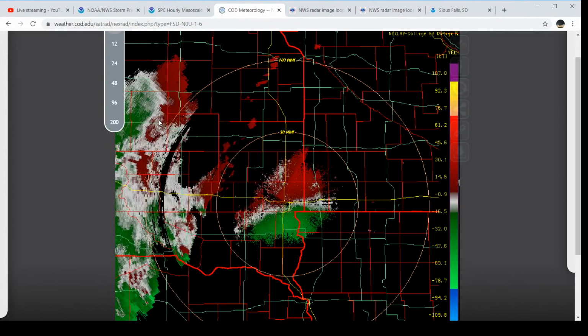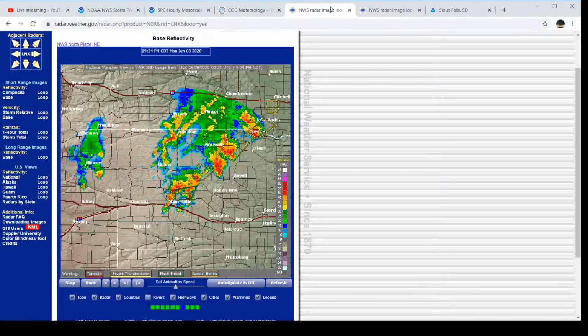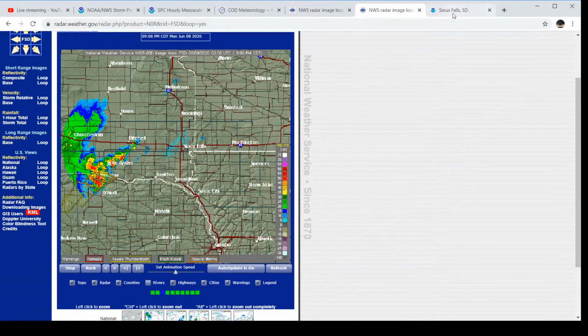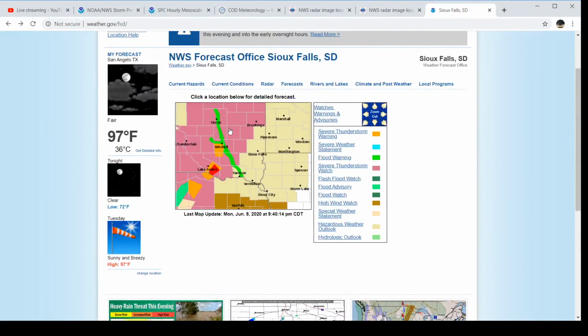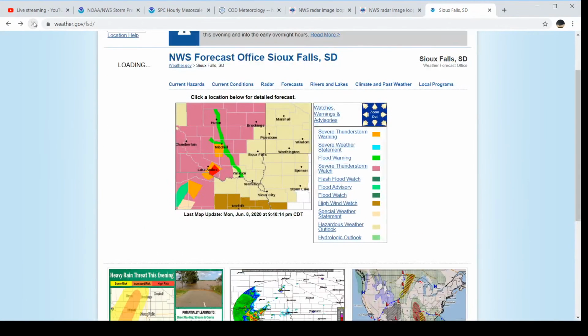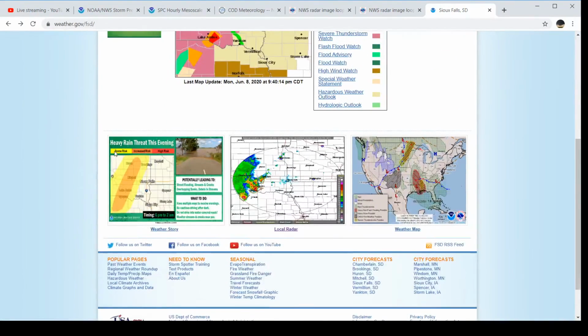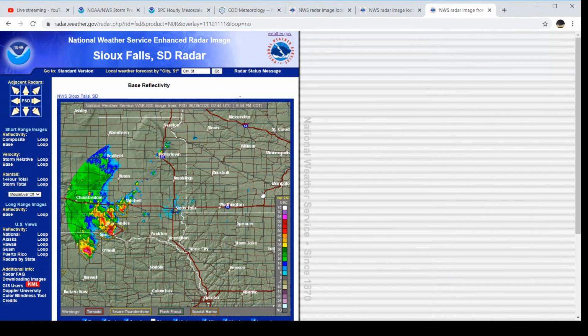You know, it's starting to look a little linear, but as fast as it's there, they cancel it? Are you kidding? But yet it's on this website. Maybe I need to refresh. Refresh! Nope, it still says it's there. Even on their local radar, it shows it. Huh. I have no idea anymore.